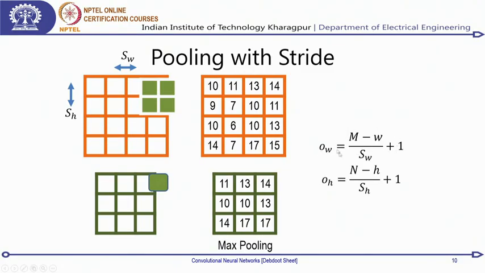So looking into the output side, this also has a similar kind of form. If the width of the pooling operator is W and your stride is SW, then you can relate it to your output in the same way as you were doing with a convolution, except for the fact that in your convolution you had kernel weights to be learnt. So there was a tunable parameter, and that contributes to the parameters of your model.